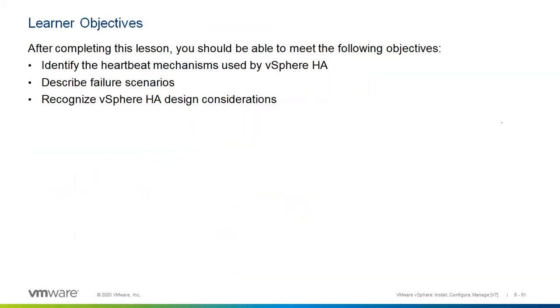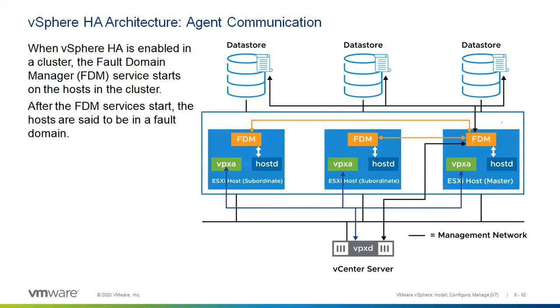Now, let's talk about the HA in detail. What happens in the background story for the HA. All right, so this is the detailed architecture. When we enable HA in any cluster, an FDM service, a Fault Domain Manager service, starts by default.